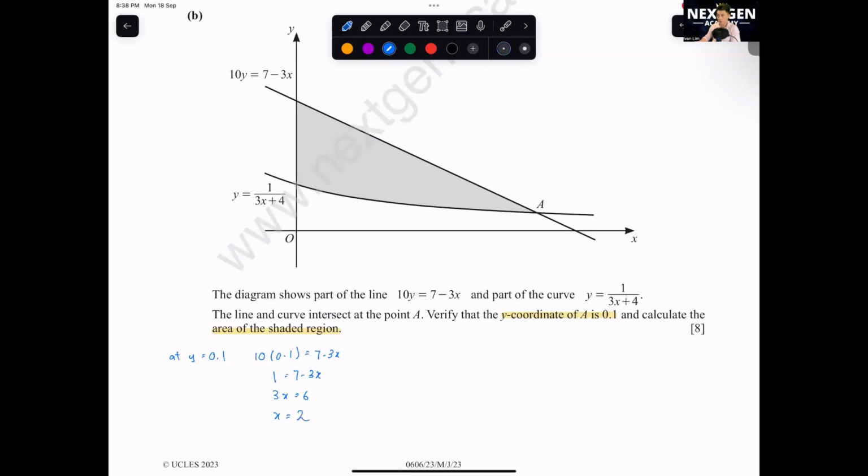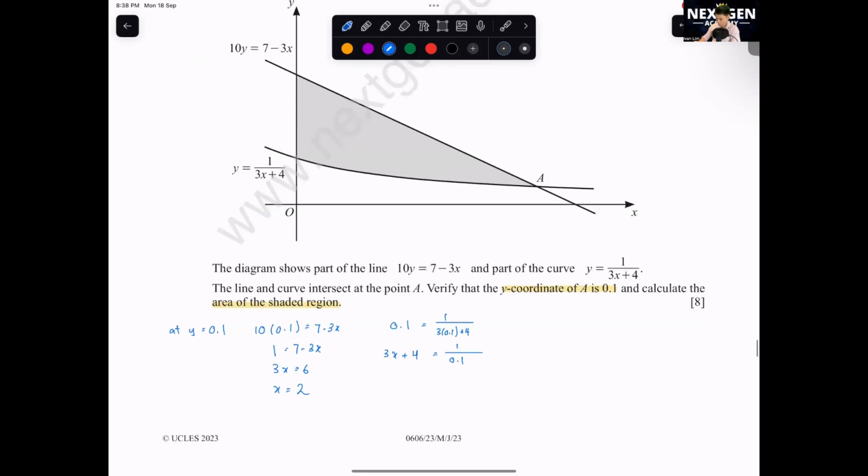Then you sub it into the other equation: 0.1 equals to 1 over 3x plus 4. Here we get x equals to 2. Proven. You see, both the x values are equal to each other, then we can say they are proven.